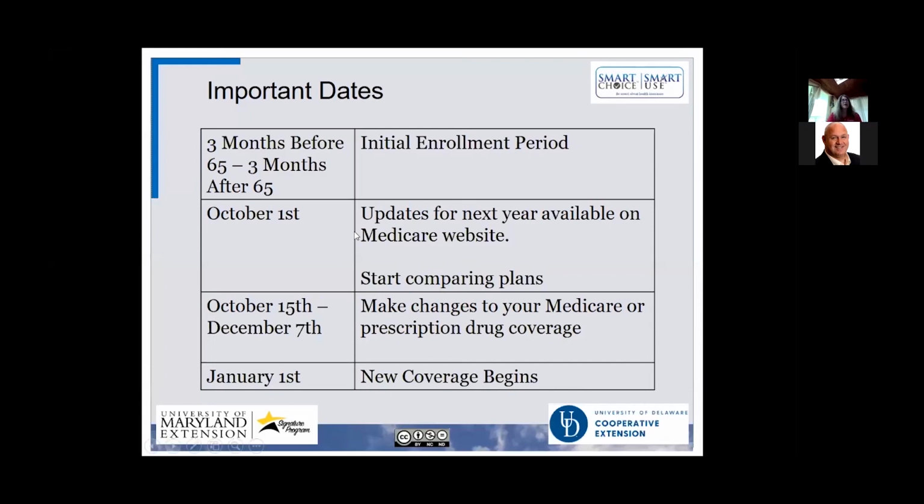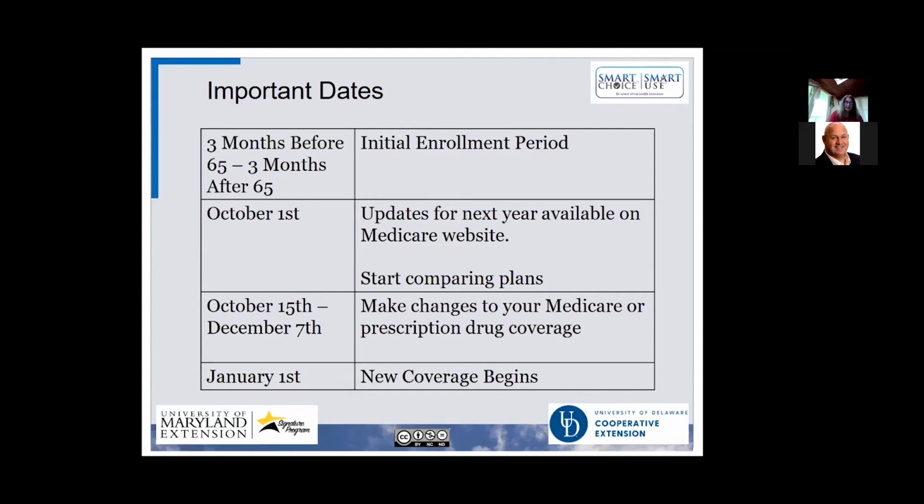Okay, so these are the important dates to know. The initial enrollment period is 3 months before, 3 months after, and the month of 65th birthday. October 1st of each year, Medicare provides updates for the new plan year.